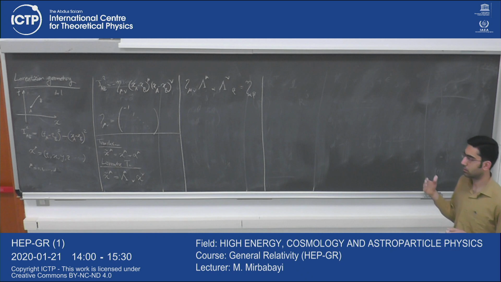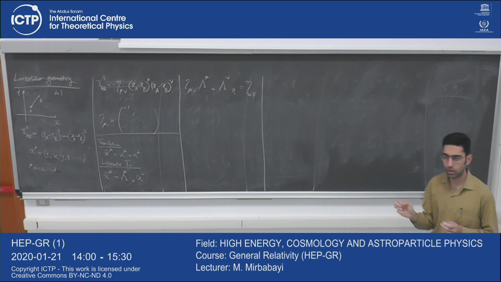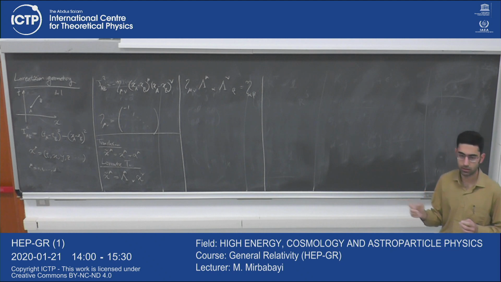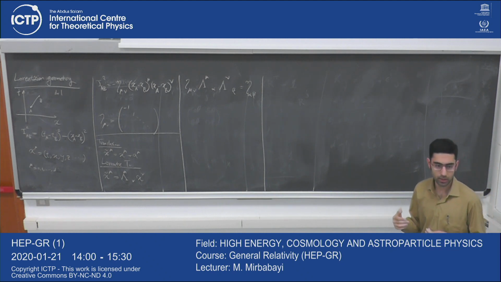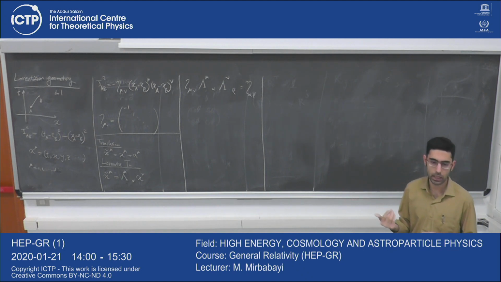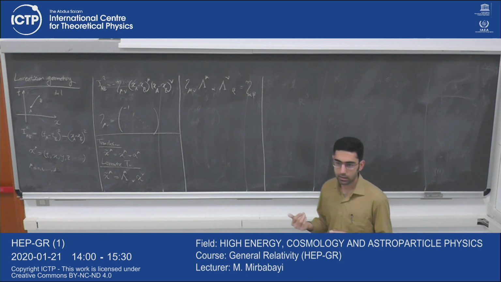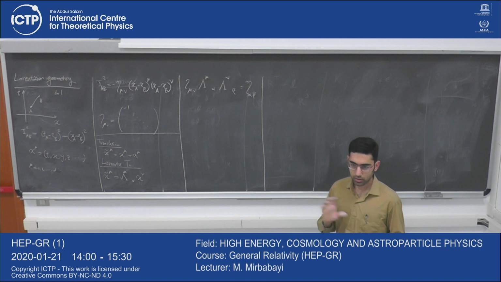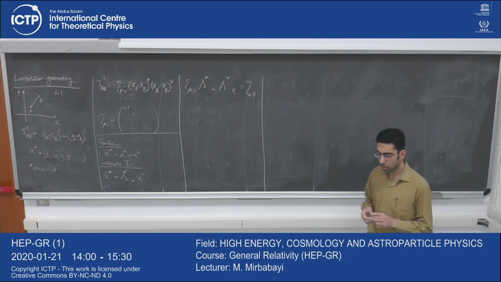Again, these orthogonal transformations have the part that is continuously connected to the unit element, which are called proper Lorentz transformations, and then the parts that are not continuously connected, and those include parity, space reflections, and time reversal.